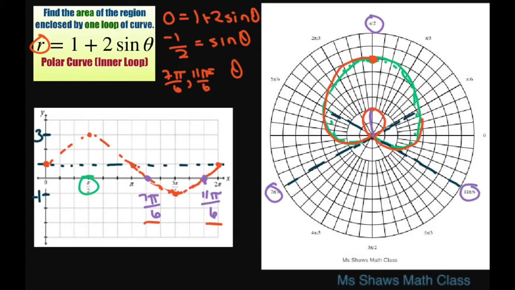I can just take this loop in here, this shaded part, and multiply it by 2 to get the whole shaded part. Since it's starting down here, my lower limit is going to be 7 pi divided by 6 to 3 pi divided by 2. All right, so let's do that.